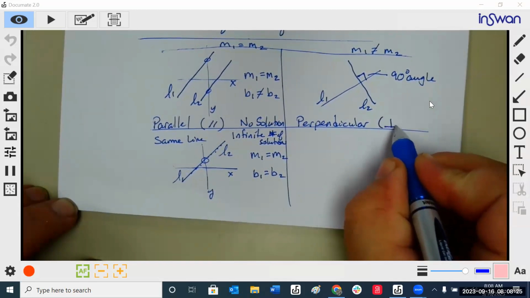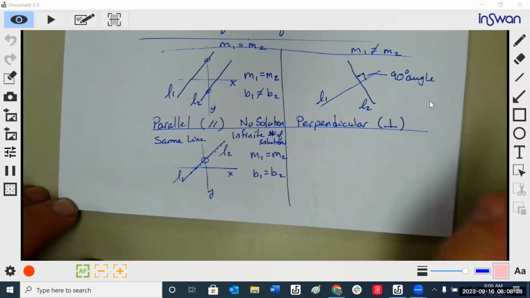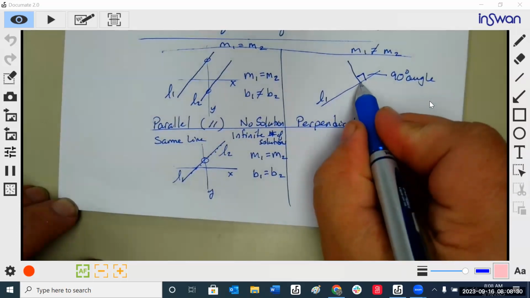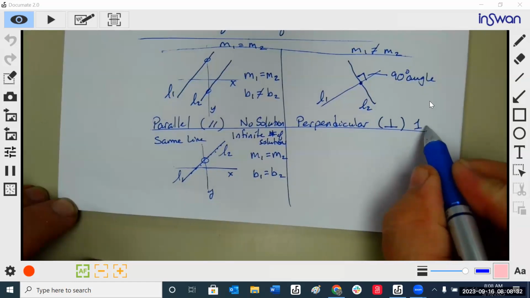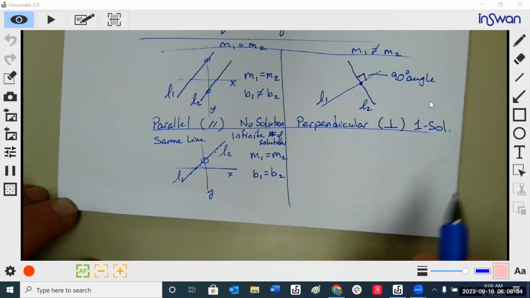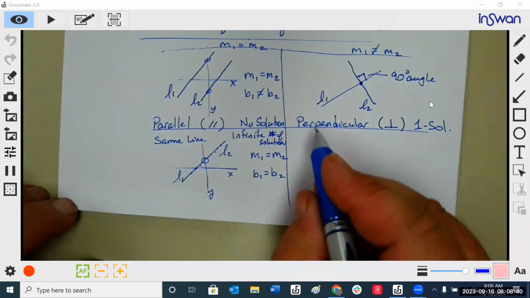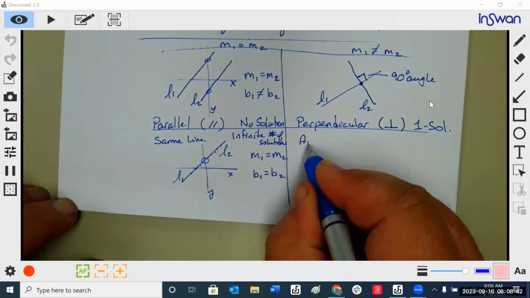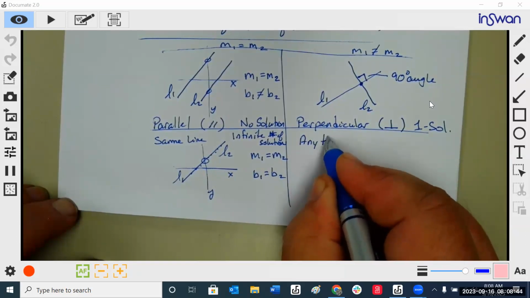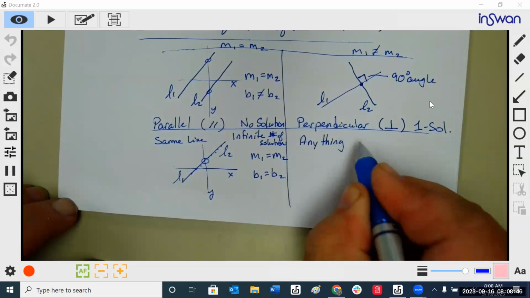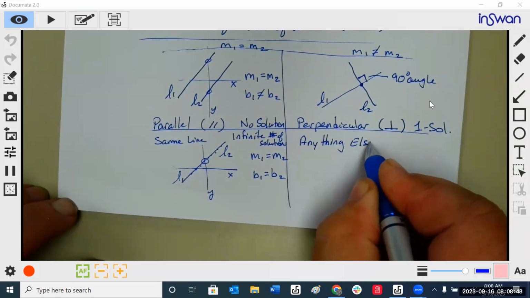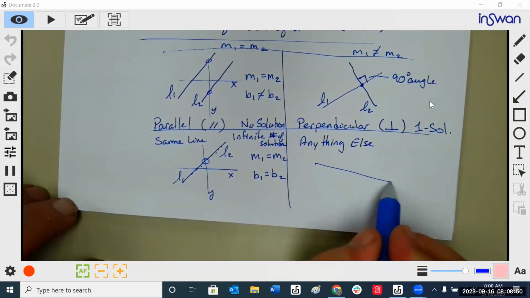And that symbol is simply the upside-down T. And since they do intersect, they have one solution. And then anything else fits in this last category.